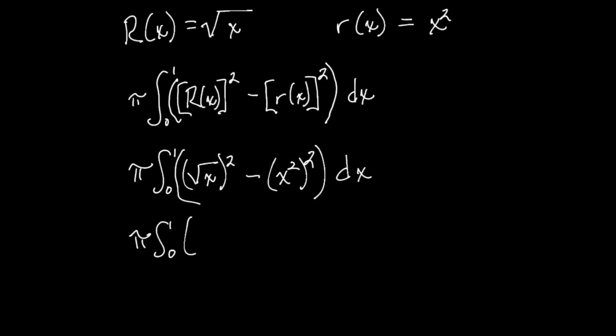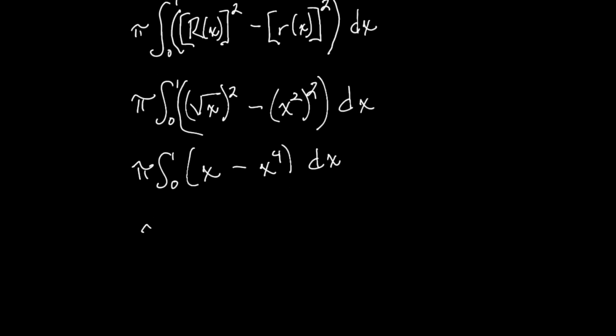Square root of x times the square root of x is x. X squared is x to the fourth. Then we would end up taking the antiderivative, which ends up being 1/2 times x squared minus 1/5 times x to the fifth. And we're evaluating that from 0 to 1.